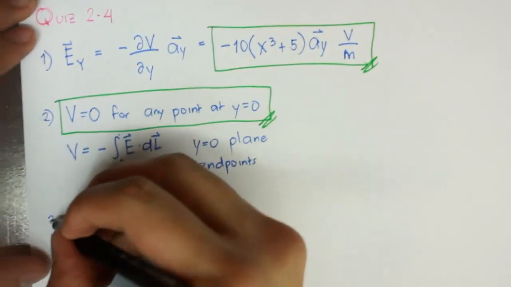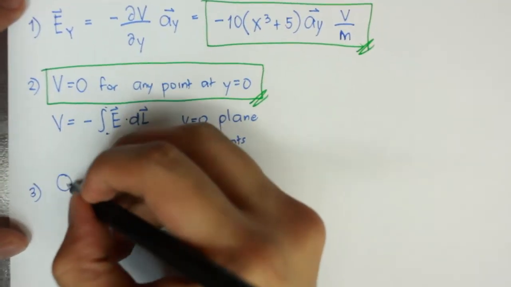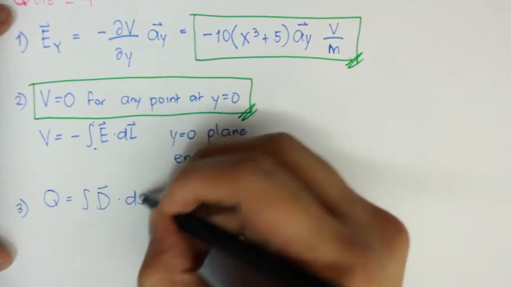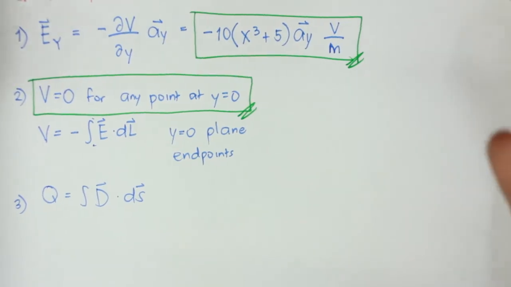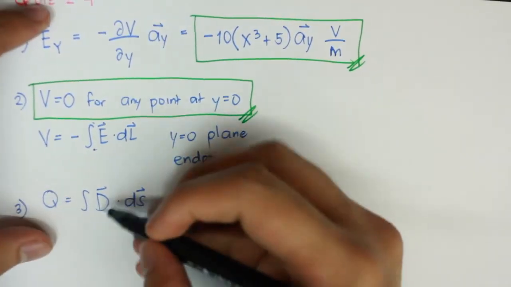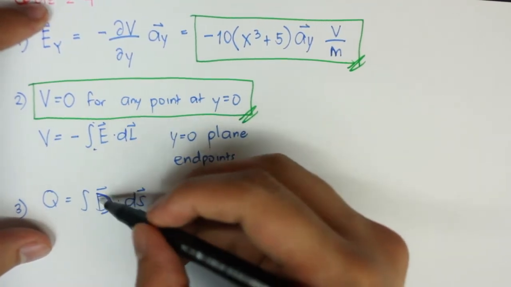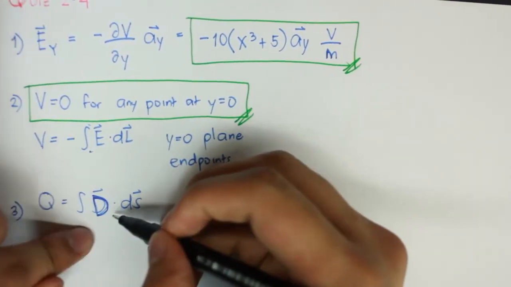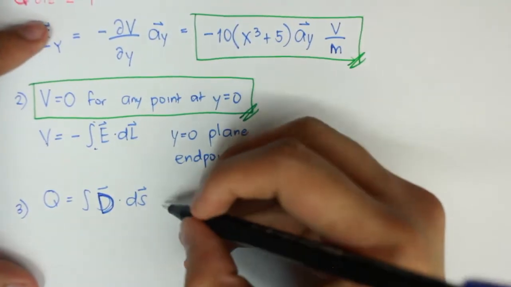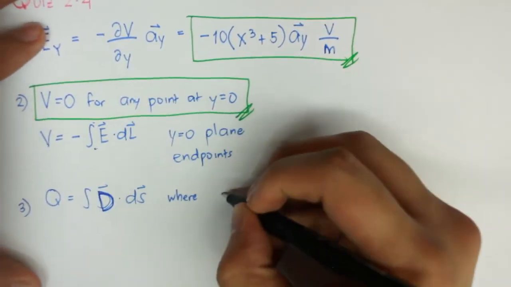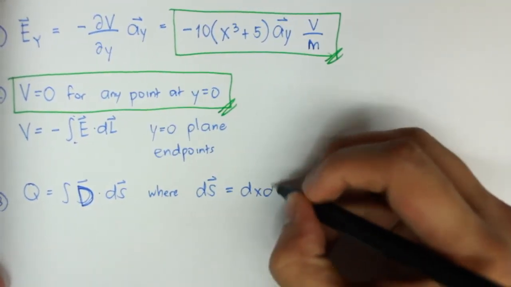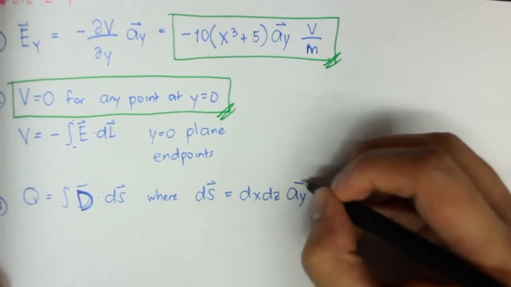The next, we have Q equals D dot dS. Again, we already have an electric field effective. So we just need to identify the normal component of this electric flux density to that surface in question. So where dS is equal to dx dz ay hat.